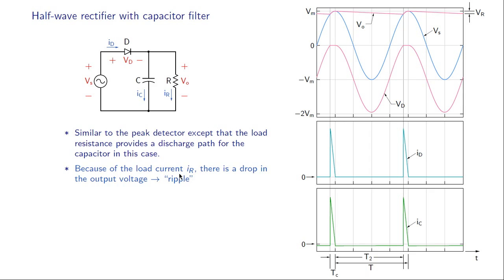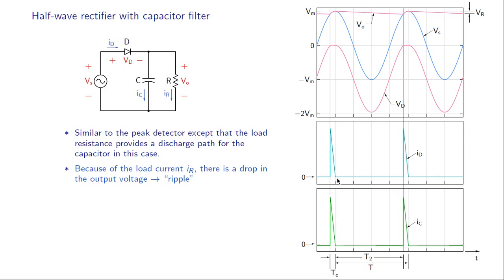So because of the load current IR, this current, there is a drop in the output voltage, and that drop is called the ripple, and it's denoted by VR, R standing for ripple voltage. Let's also look at the currents. As we have already remarked earlier, the diode current is non-zero only in this small interval when the capacitor is charging.